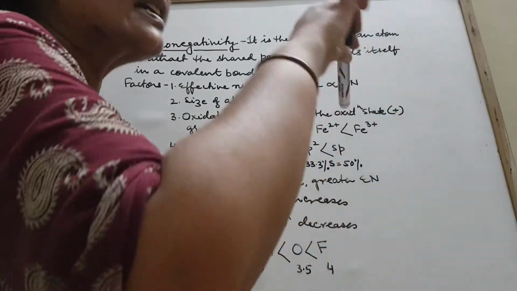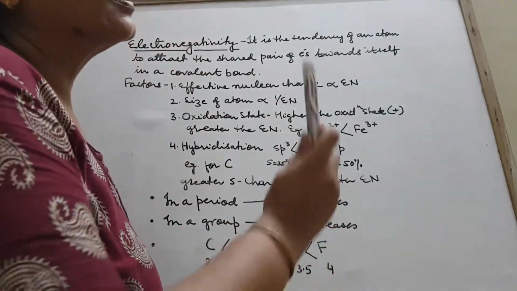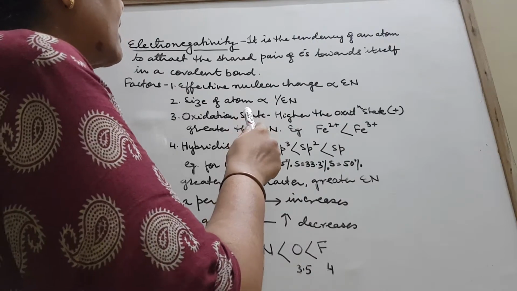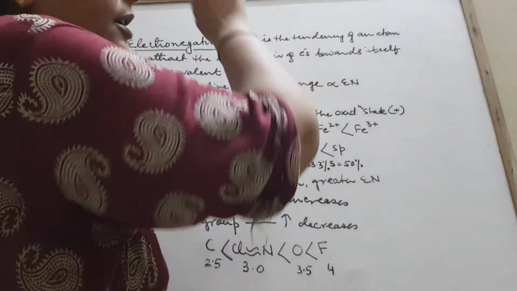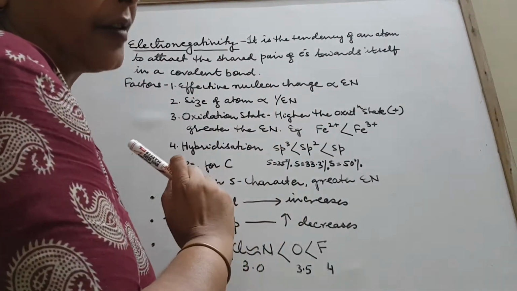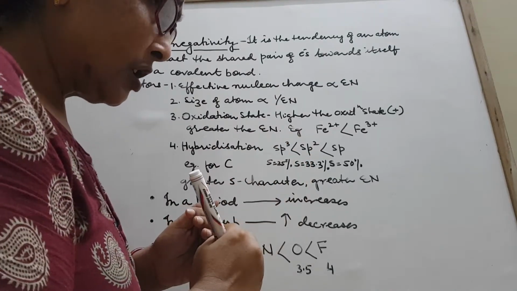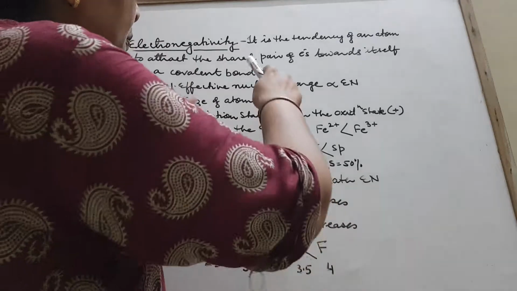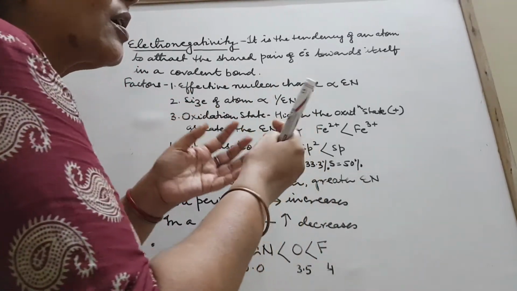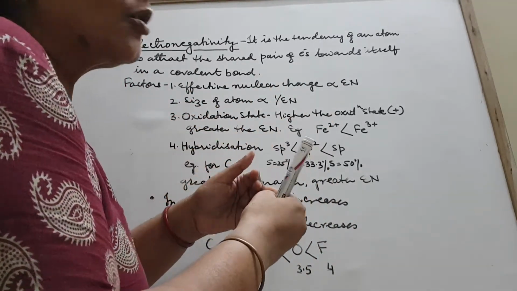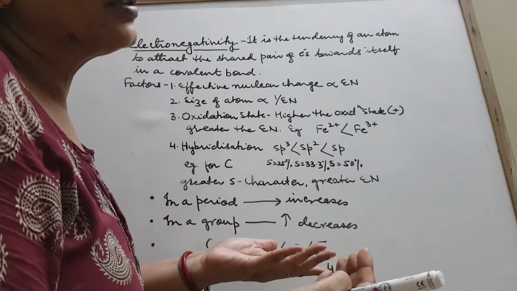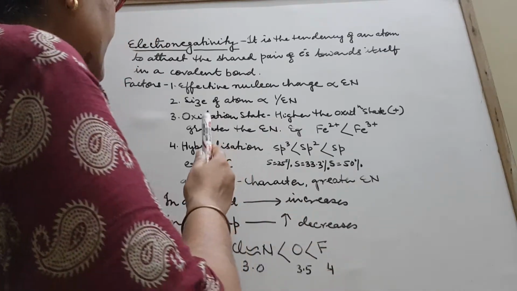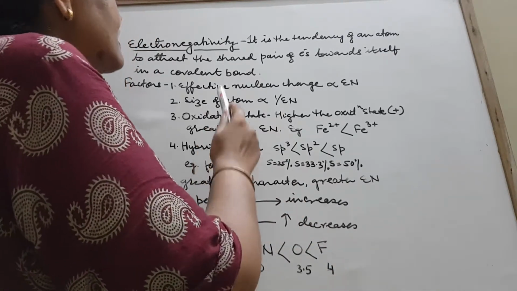If size decreases, En will increase, because it goes according to your effective force of attraction. So these are more or less similar points conveying the same thing in two different ways.